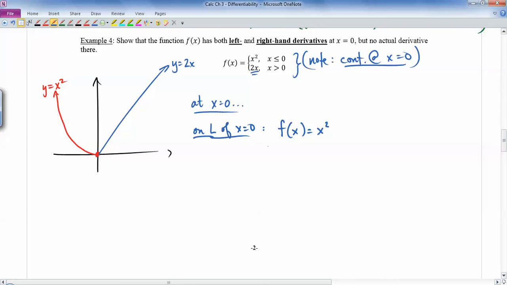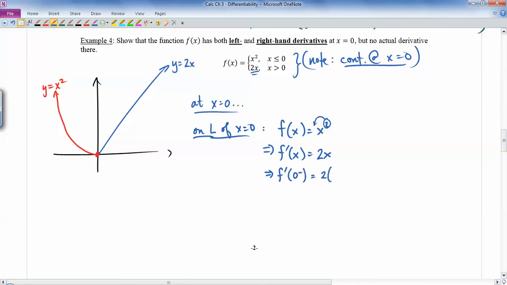That means the derivative of f on the left side is 2x using the power rule. The power rule says bring that power down in front and then lower it by 1, so it's 2x to the first. Then what's the derivative on the left side of 0?